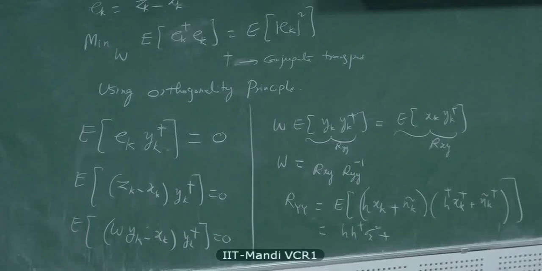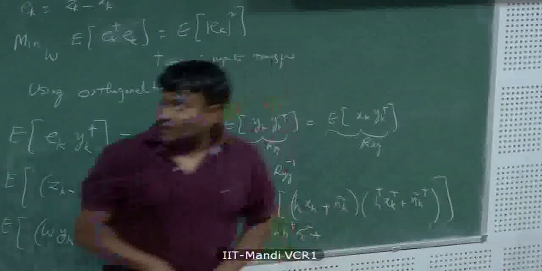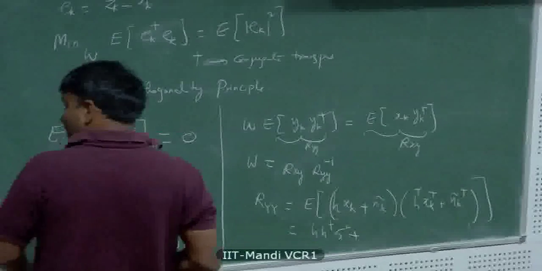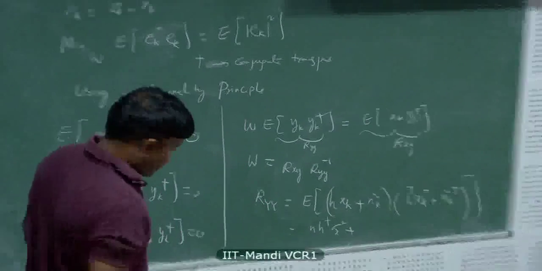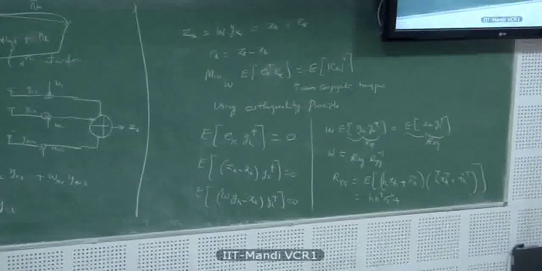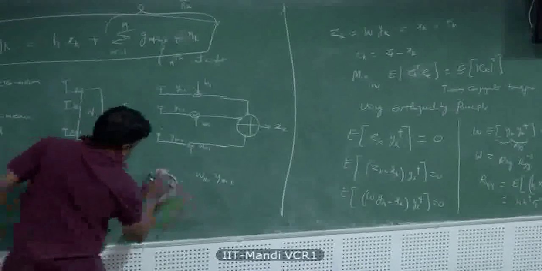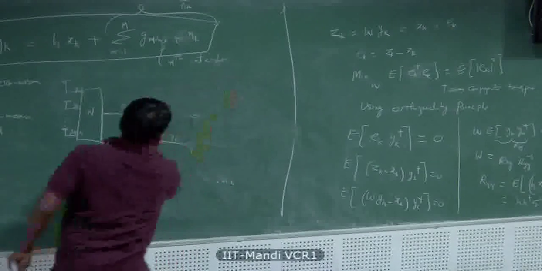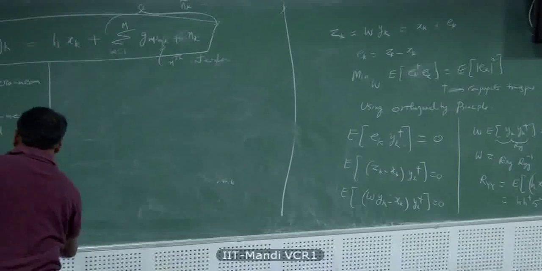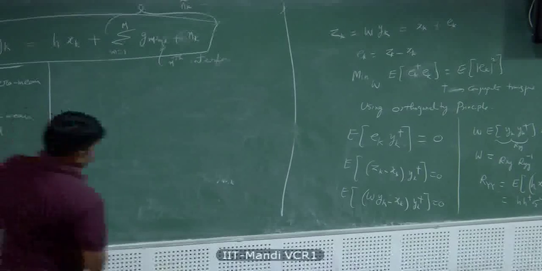Plus now, we are using that model in Yk: H xk plus n tilde k. Just note that n tilde k is... we'll explain it somewhere here. I'm just running out of space. Okay, we'll write it here. So these are the assumptions on xk.